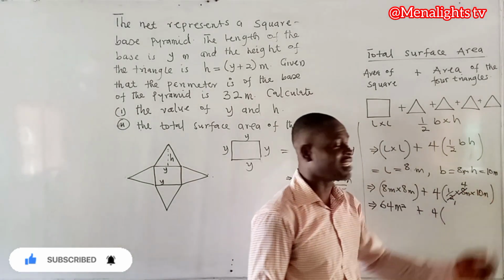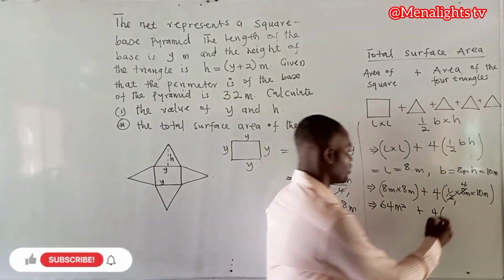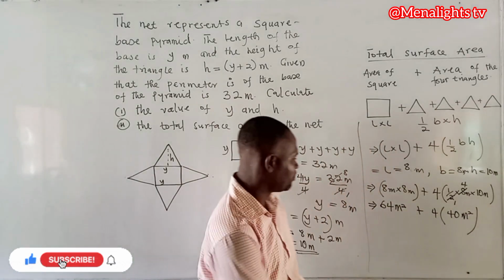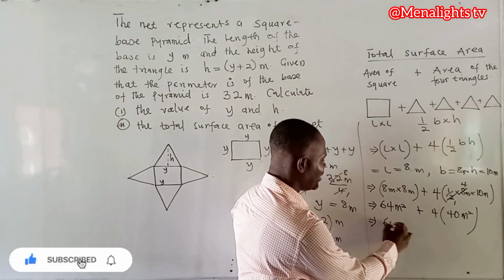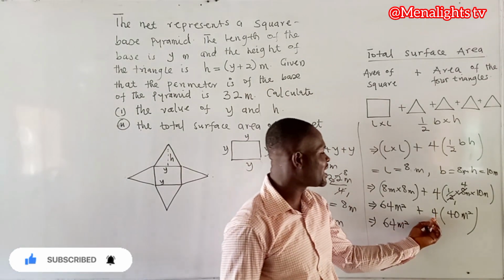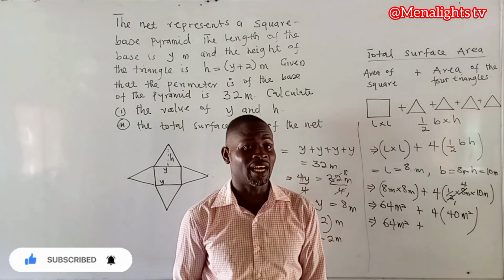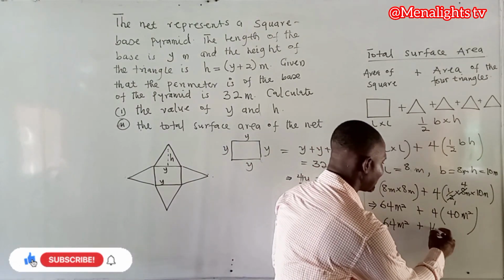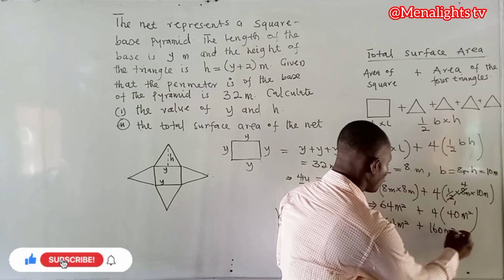So 4 times 10 will give us 40 meters squared. Then 40 times 4 will give us 160 meters squared.